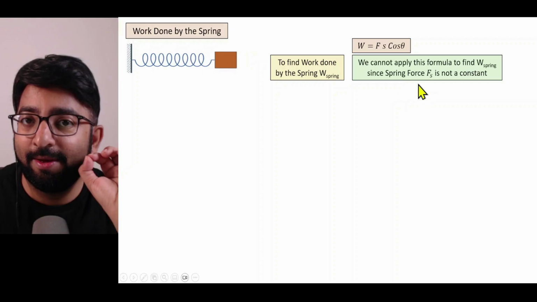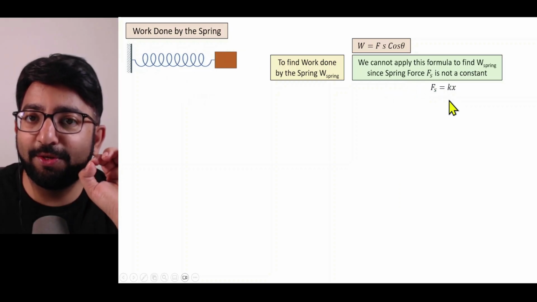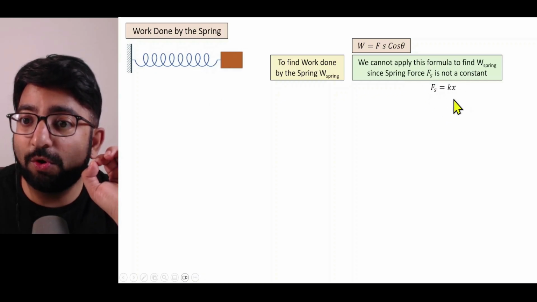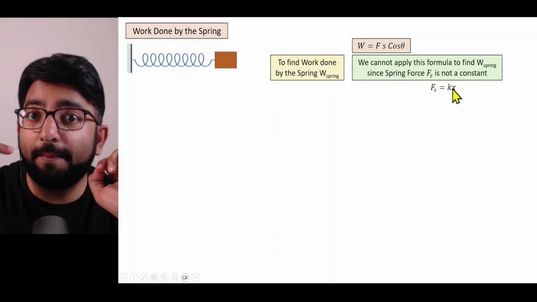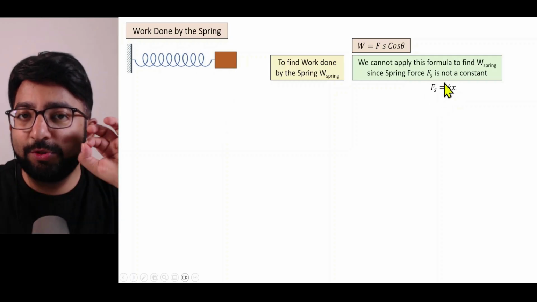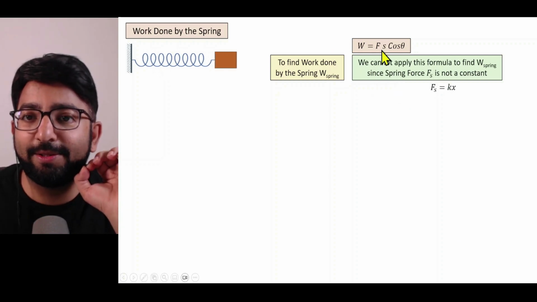But in this case, if you remember the spring force formula, which is Hooke's law, Fs is equal to kx. So you can see the value of the spring force depends on x. So the higher the compression or extension in the spring, the more the spring force. So clearly the spring force is not constant. Hence, we cannot apply this formula.